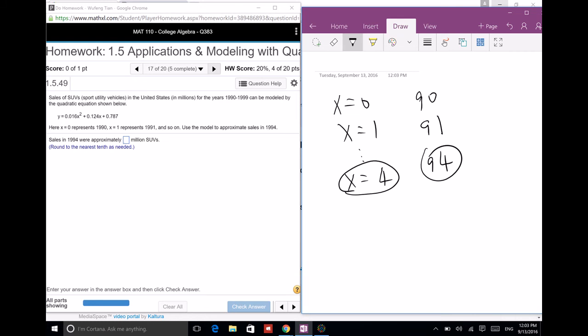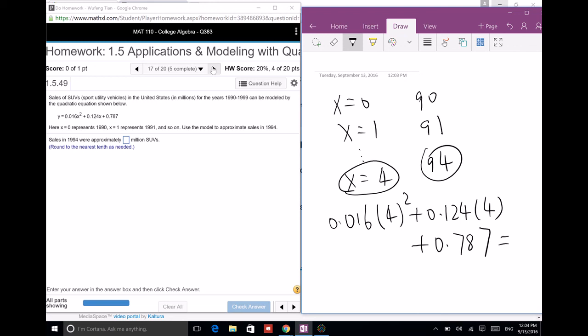Plug x equals 4 into the equation: 0.016 times 4 squared plus 0.124 times 4 plus 0.787. You do that and you'll get the answer.